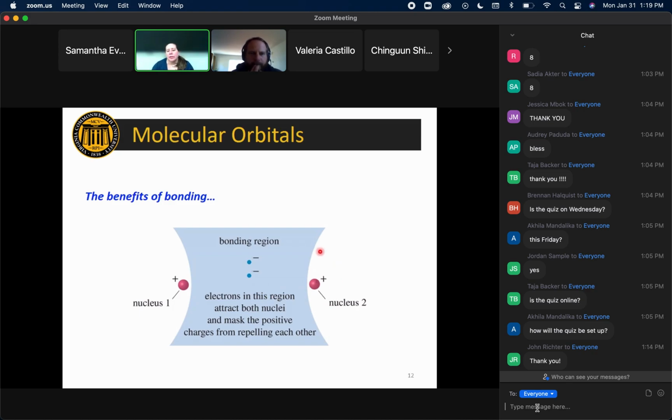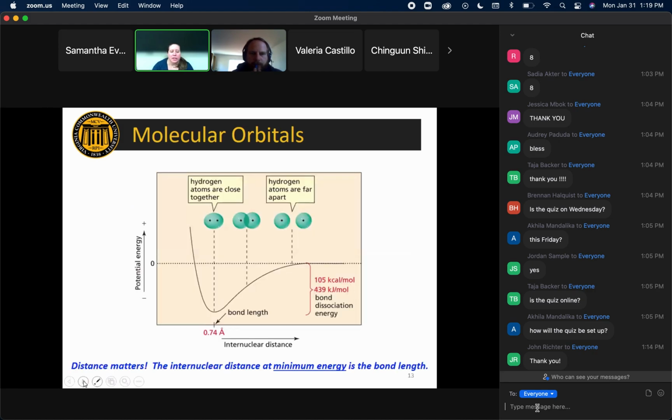This is just one way of considering bonding, and I'm going to put this in the context of an energy diagram that looks like this. We're looking at a graph with energy on the y-axis, so the more stable things are further down at the bottom, and the less stable, higher energy things are up at the top.